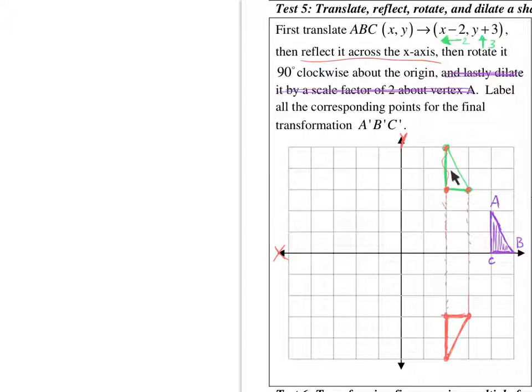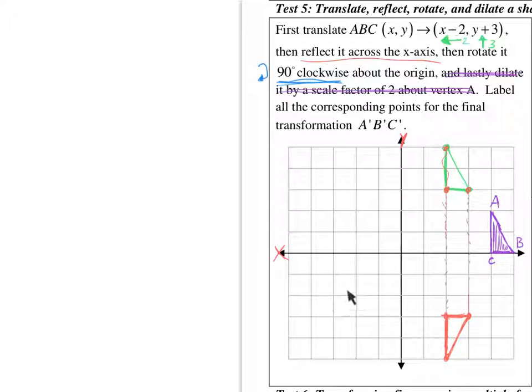We first translated. Now we reflected. Our last step is going to be rotate. And it says rotate clockwise 90 degrees. So we are going to go 90 degrees clockwise. Clockwise looks like a clock, so it's going to be going this way, 90 degrees. So this shape is going to be in this quadrant, or this, which one's 90 degrees?